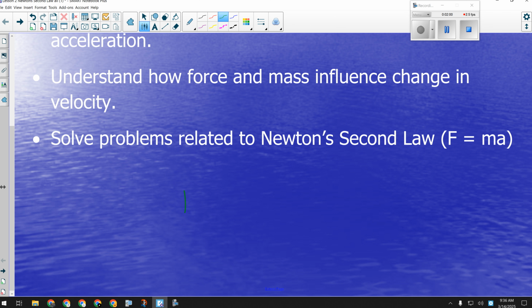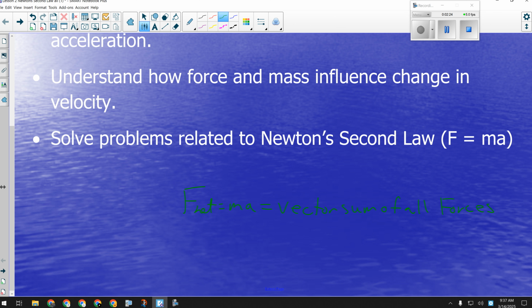Yes, F net equals m times a, but it also equals the vector sum of all forces. That's the part that can make Newton's second law tricky.